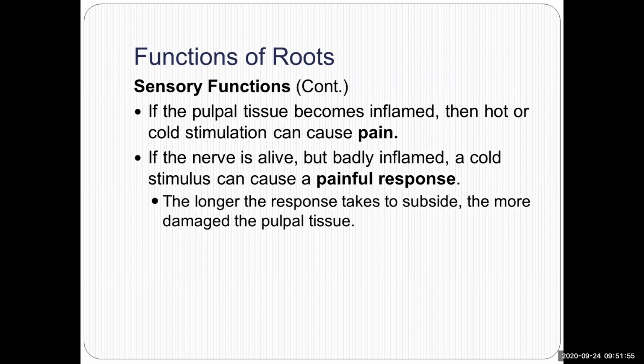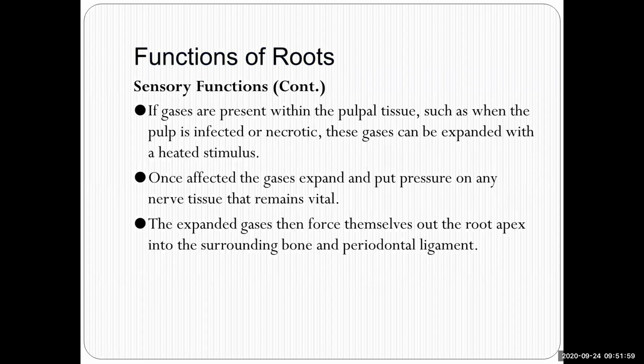Pulp only knows one sensation: pain. That's it. So if gases are present within the pulpal tissue, say when the pulp is infected or necrotic, these gases expand. And the problem is the root inside doesn't expand.